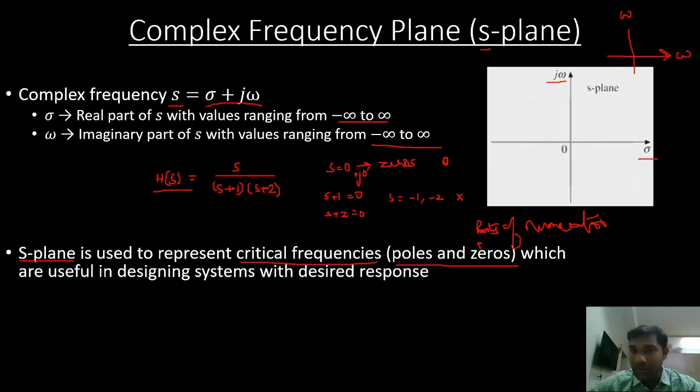That is somewhere here, so I will denote a zero here. This must be a circle. Then poles: poles at s equals -1. The real part is -1 and imaginary part is 0. So at -1, I have a pole, and at -2 also I have a pole. This is how I represent my poles and zeros in the s plane.